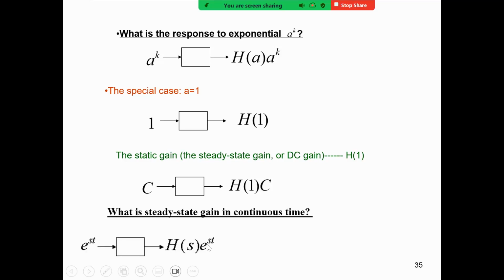This is actually because of the exponential signal in continuous time: you get the exponential signal times the transfer function at s. What is 1? It means s equals 0, you get a constant 1. That's how you get it. When s equals 0, you get 1. So this is the easy way for you to remember how to compute the DC gain, the steady state gain.